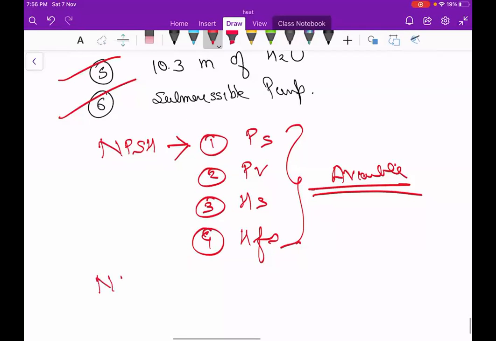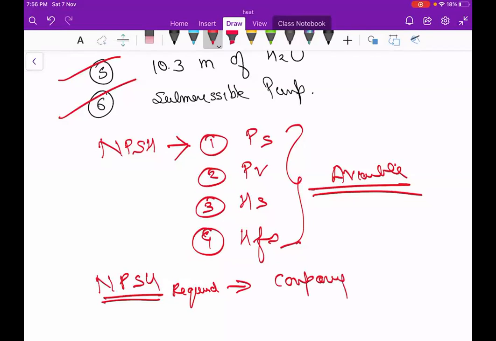NPSH required is the value which is given by the company. So they don't consider the HFS value, because for them there is no friction.